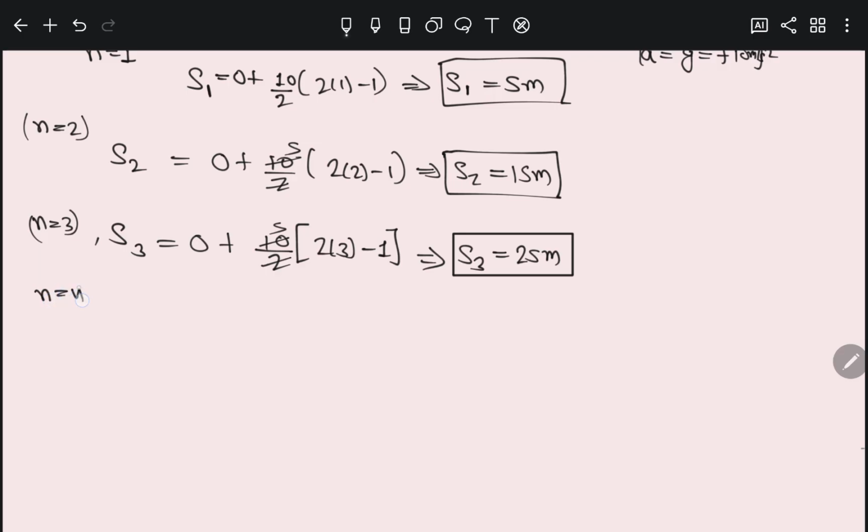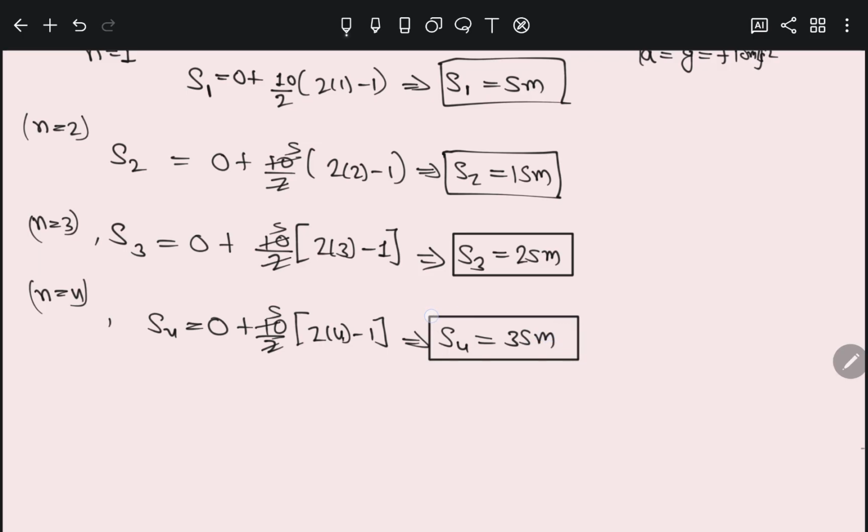Now n is equal to 4, that is the fourth second. So s fourth is equal to 0 plus 10 divided by 2, times (2 into 4 minus 1). So s fourth is 5, and what was 8 minus 1? 7. 7 fives are 35 meter. Right.